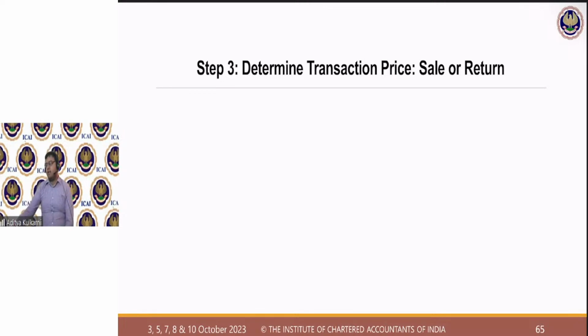Yes, sale on approval basis. Absolutely right. Sale or return basis. So now you tell me, when are you going to recognize the revenue?